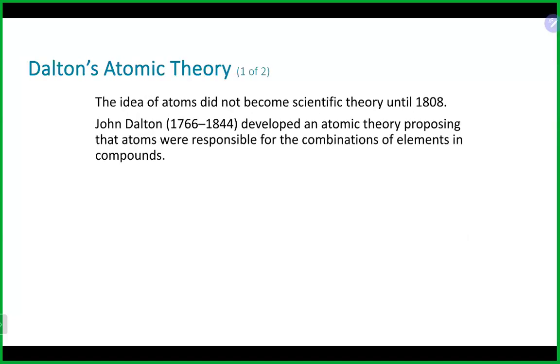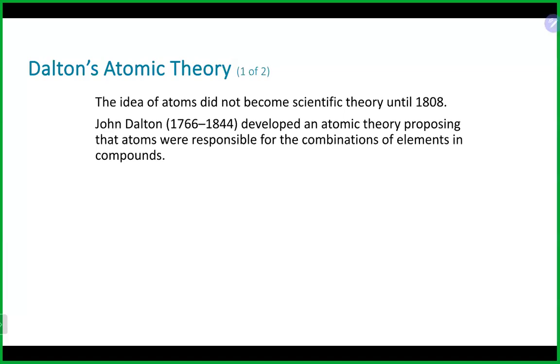Now, there was a lot of work early on about atoms, and one of the major steps to understanding atoms and how they work came about with John Dalton. John Dalton developed Dalton's Atomic Theory, that atoms were responsible for the combination of elements and compounds.